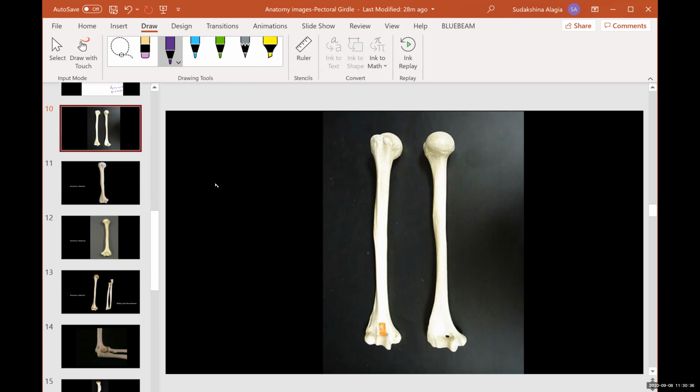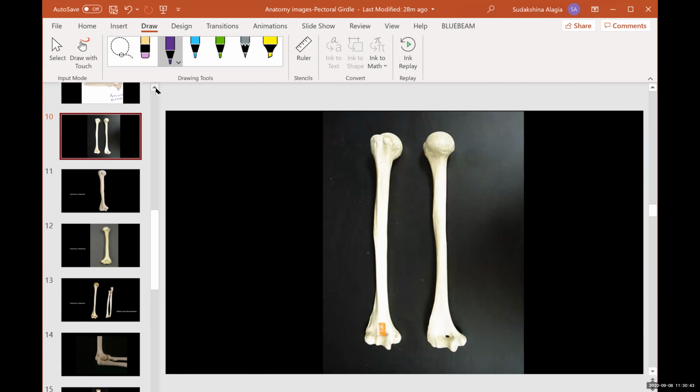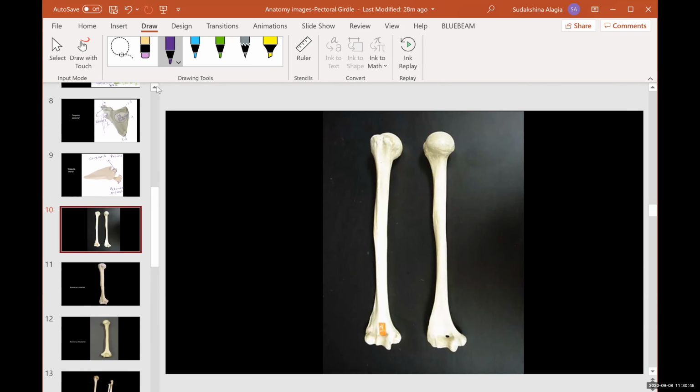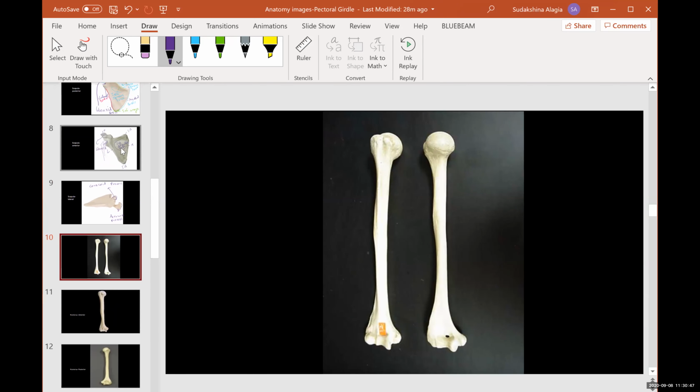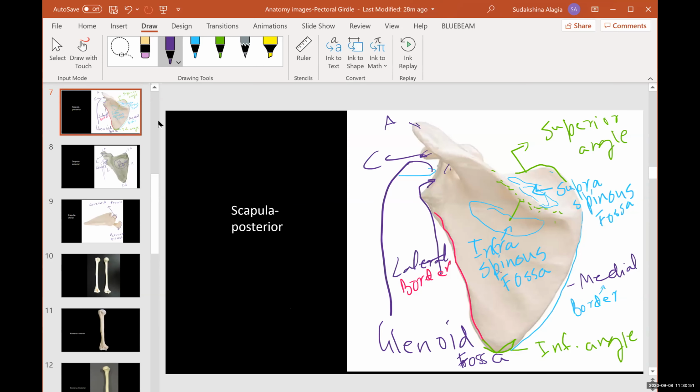So we learned just a little while ago that the glenoid fossa of the scapula, that's what we learned here. The glenoid fossa of the scapula, that's where the round globular head of the humerus fits into, articulates with. The anatomical term is articulates with.